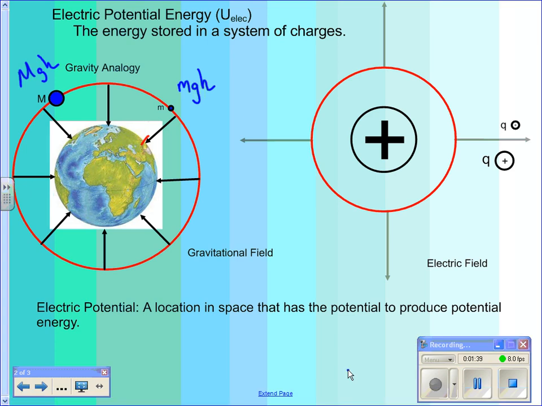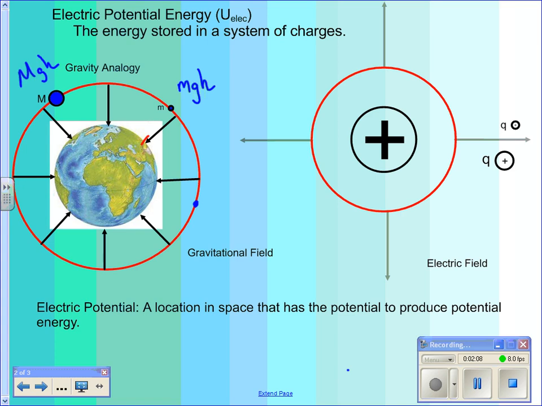Now this is going to sound weird, but at that region in space, that red ring around there, the same height above the Earth, that region has the potential to produce gravitational potential energy. The only thing I need to do to realize that potential is to put a mass at that location in space. So at any location on this red ring, I have the same potential to produce potential energy.